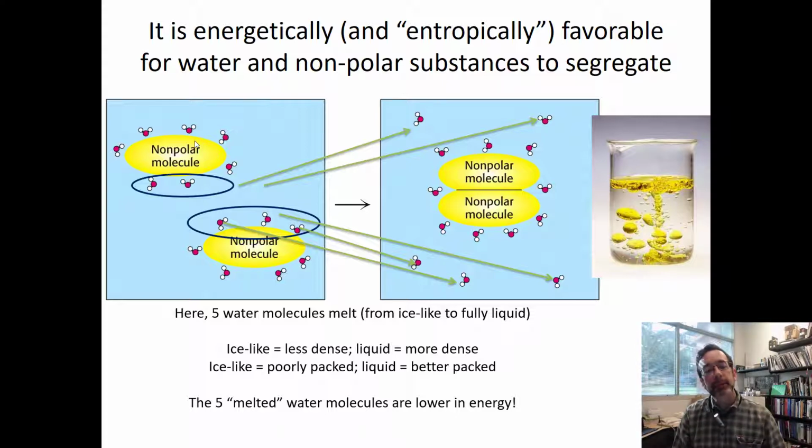So that means that the 5 water molecules are more stable. They are lower in energy, and this is what actually brings the 2 oil molecules together. If you've talked about entropy in other classes, entropy is just a measure of how spread out the system is. And there's a bit of a puzzle, because entropy should always increase, so how can 2 oils coming together happen?